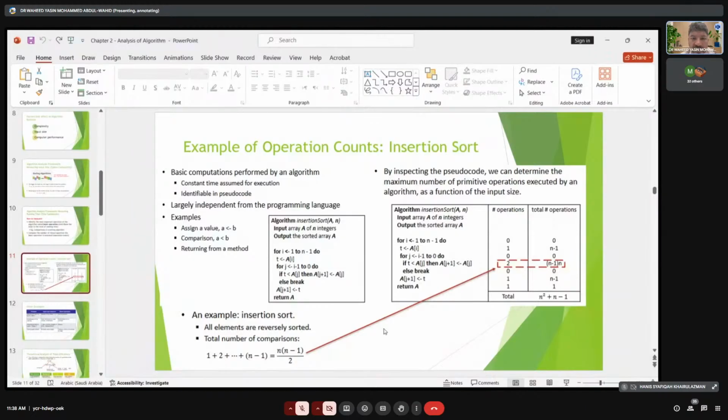This is the algorithm: insertion sort(A[n]), with input array A of n integers, and output the sorted array. We have insertion sort, array A with n elements.